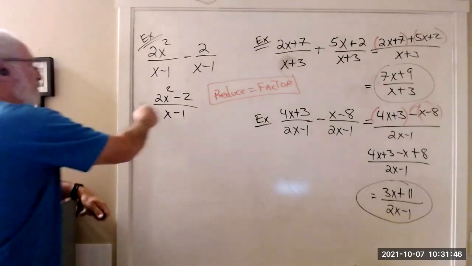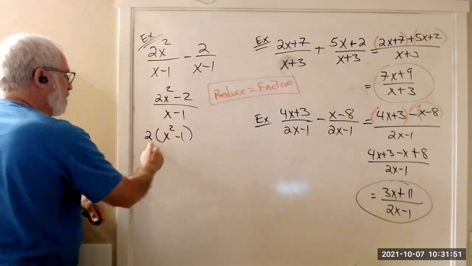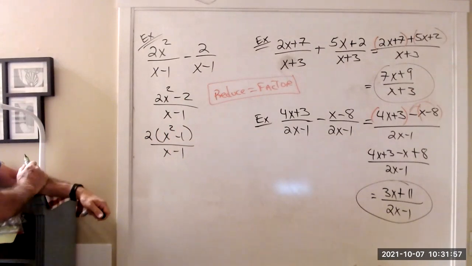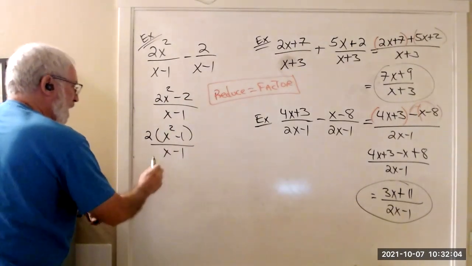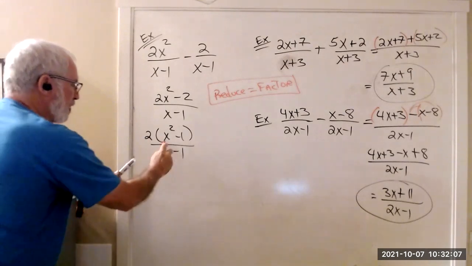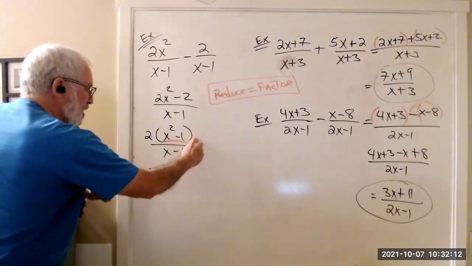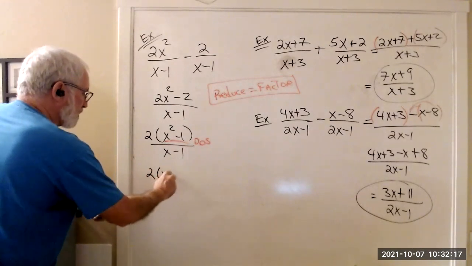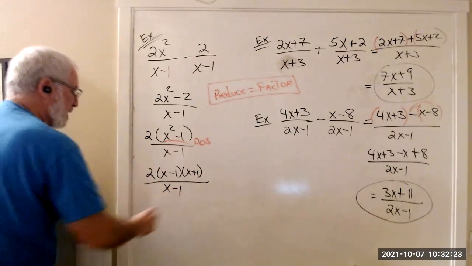Yes, you can. So let's look at the top. We can take a 2 out, leaving x squared minus 1 over x minus 1. But wait, we can factor the numerator even more. So the 2 is already out. The numerator, the x squared minus 1, is a DOS. It's a difference of two squares, D-O-S, DOS. So it becomes x minus 1, x plus 1, all over x minus 1.